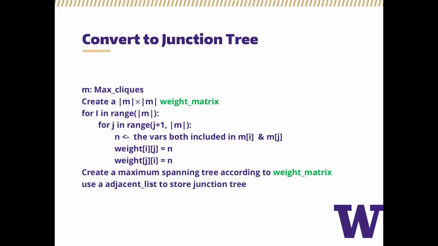This m means the number of max cliques, and the weight is computed by the number of variables in the intersection between two max cliques. And then I can create a maximum spanning tree according to the weight matrix.